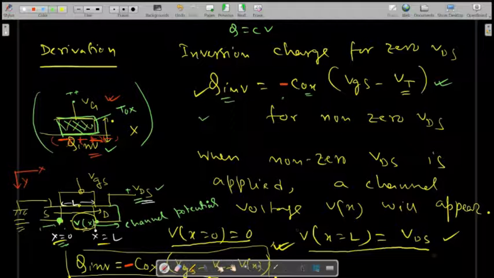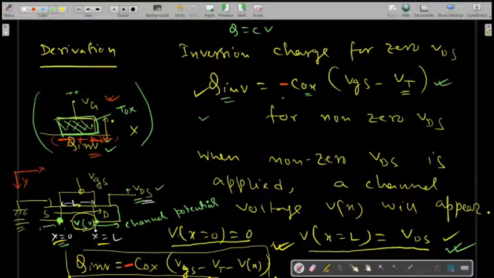So now, considering this V of x, our modified expression for Q inversion can be written in this form. Just see, previously it was Vgs minus Vt. Now one additional term is coming, minus V of x, because here you have some voltage. So Vgs, whatever voltage you are applying, minus the threshold voltage drop, minus you have to overcome this V of x also.